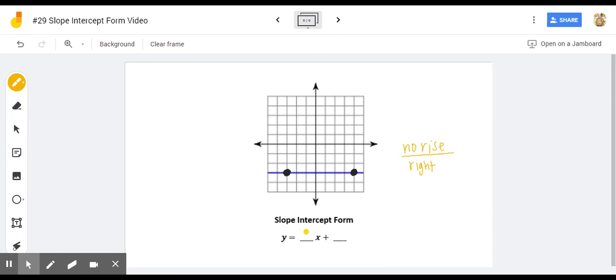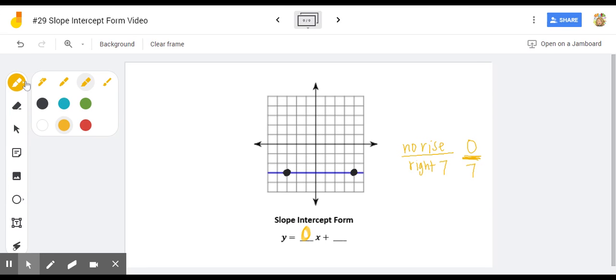So no rise means 0 rising. But we do run between them 7 spaces to the right. So 0 divided by 7, is that 0 or undefined? You got it. It better be a 0 slope.